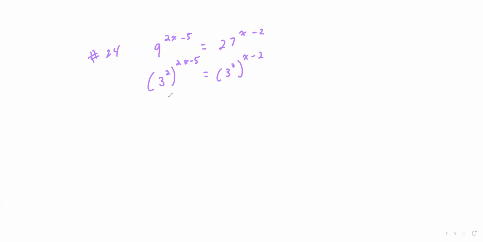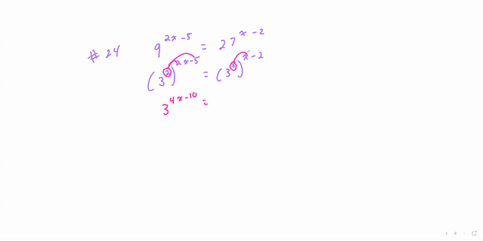Now, the other note that you have to remember from exponent rules is a power raised to a power. We're going to multiply the exponents. So I'm going to take this exponent and distribute it into whatever exponents are up there. This now becomes 3 to the 4x minus 10.